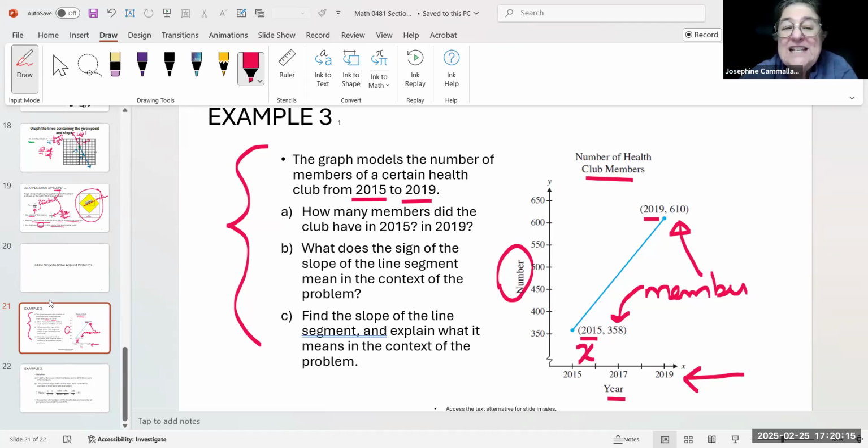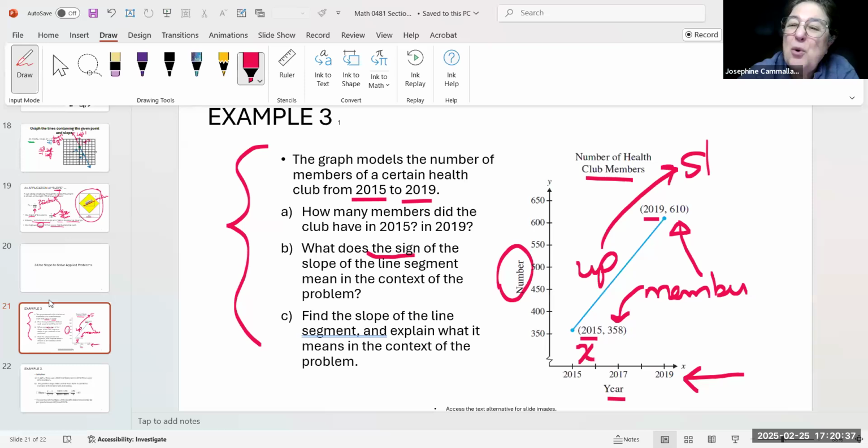Now, what does the sign of the slope of the line mean? Well, that means to go from 358 to 610, we are going up, which means our slope is positive.